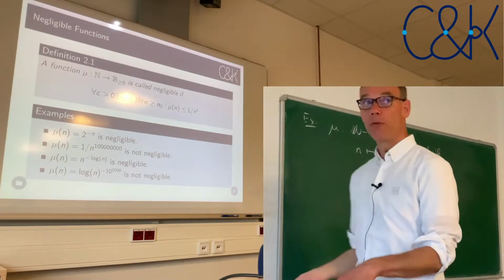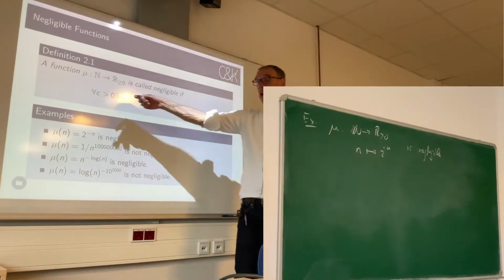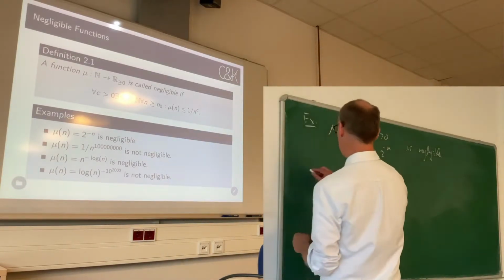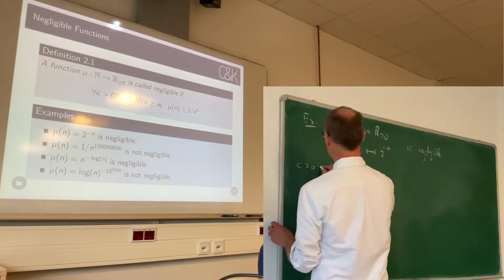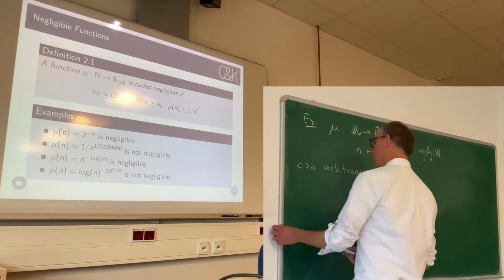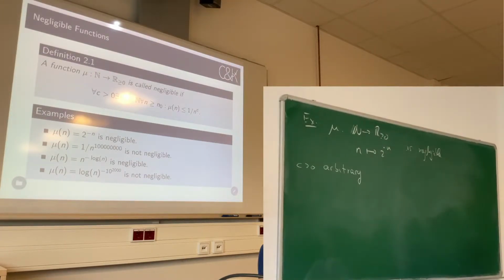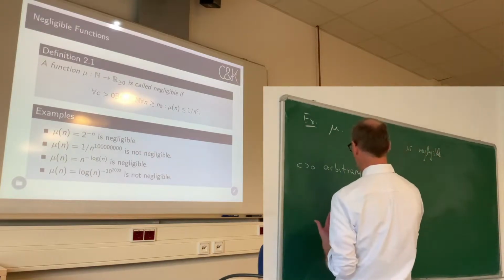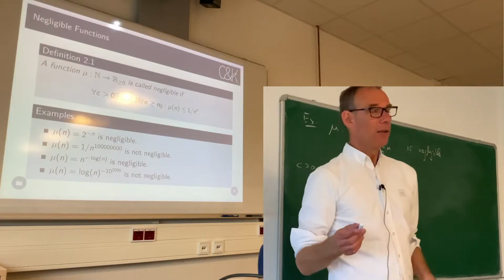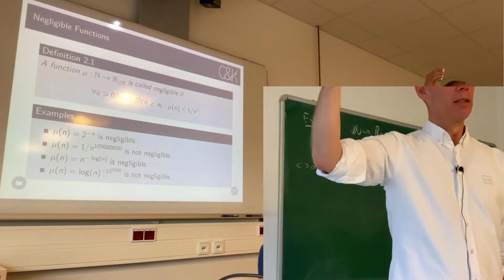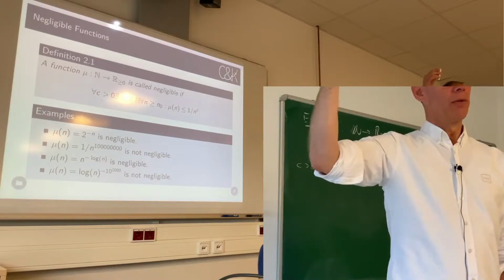Okay, so how do I prove that? For every c, let's fix some c, let c be arbitrary but fixed. Then what is my n0, after which I can say that 2 to the minus n is smaller than 1 over n to the c?